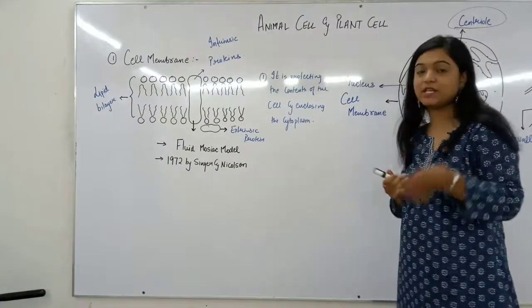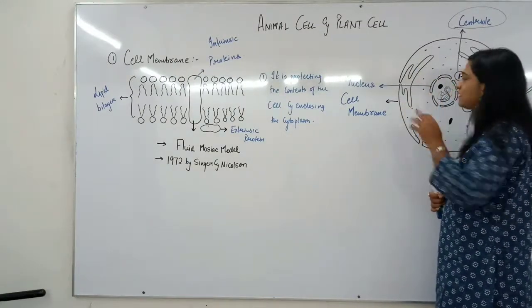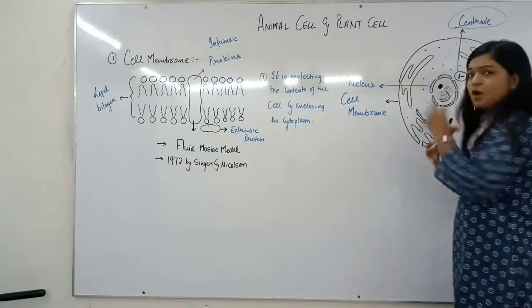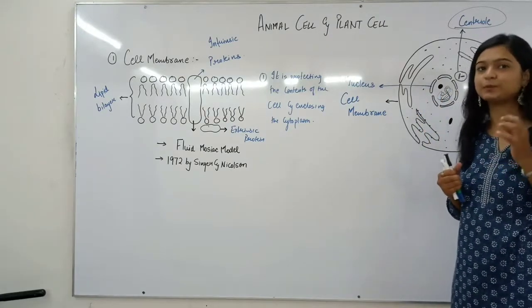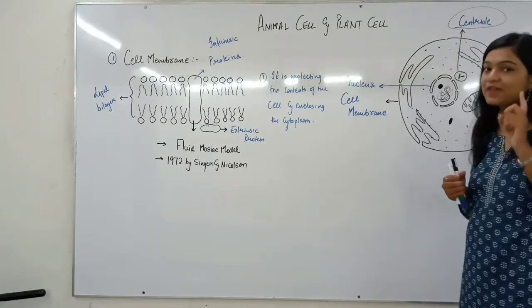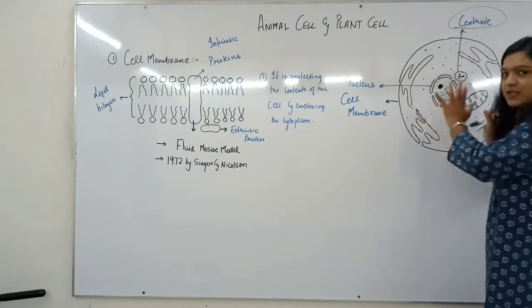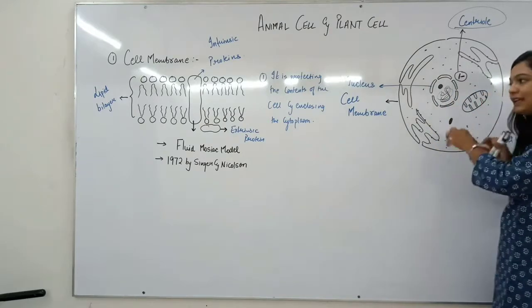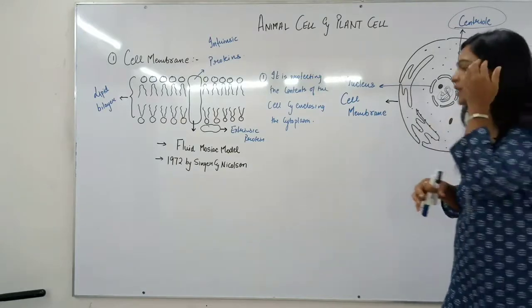Now what exactly is cytoplasm? Cytoplasm is the liquid, jelly-like substance which is present inside the cell. And there are a lot of very critical amenities present inside the cell which need proper protection. Now that protection is given by the cell membrane. So it is giving protection to the cell.